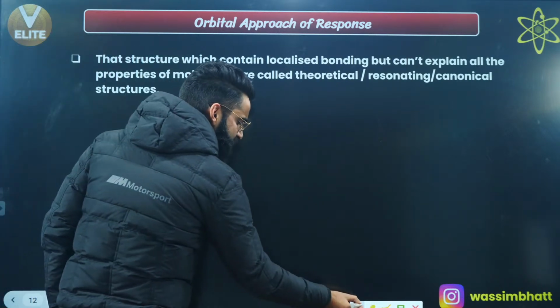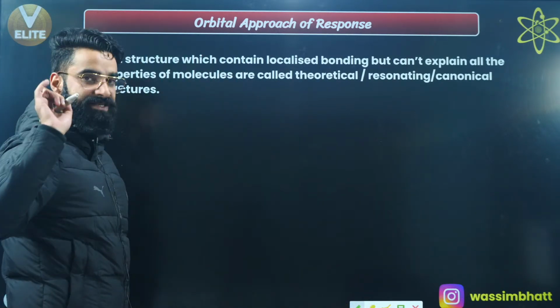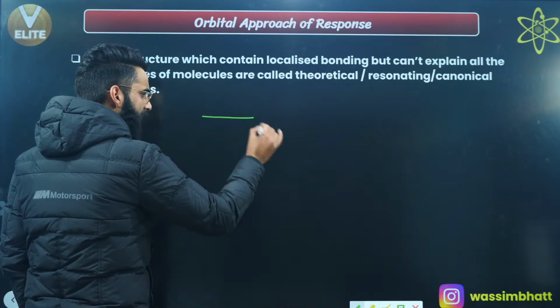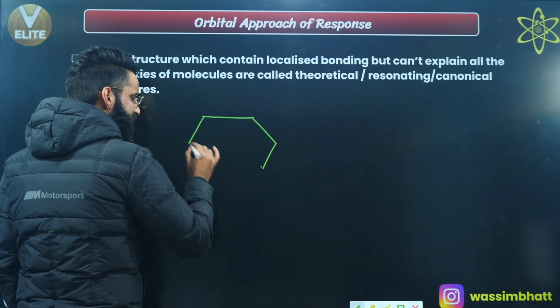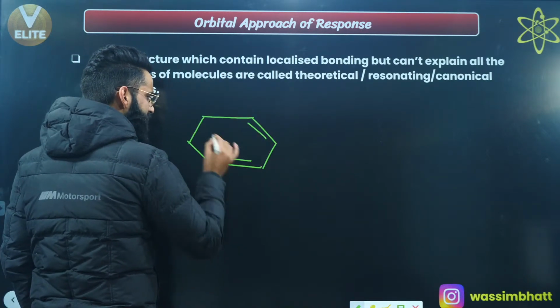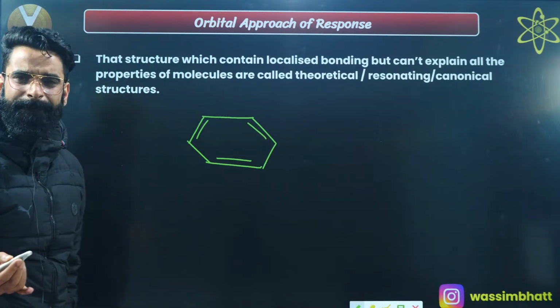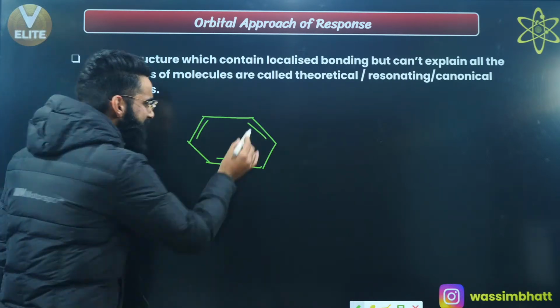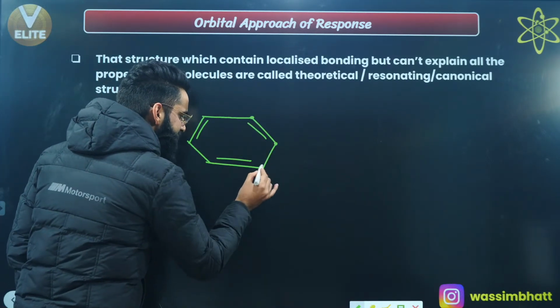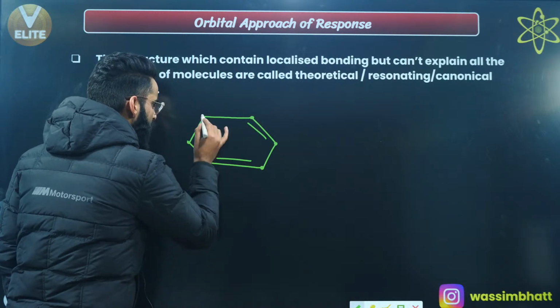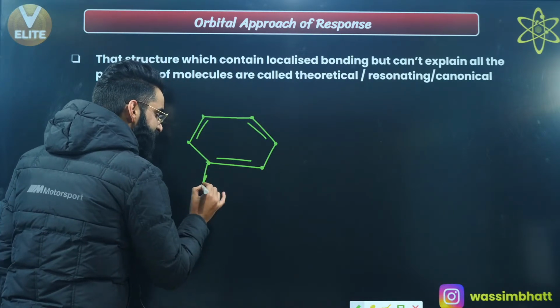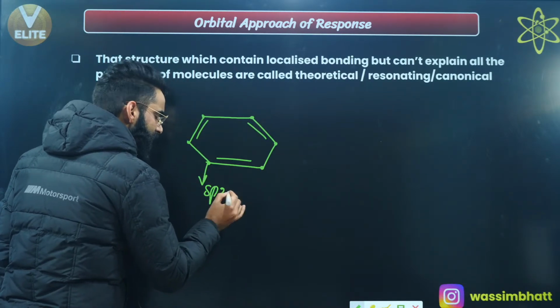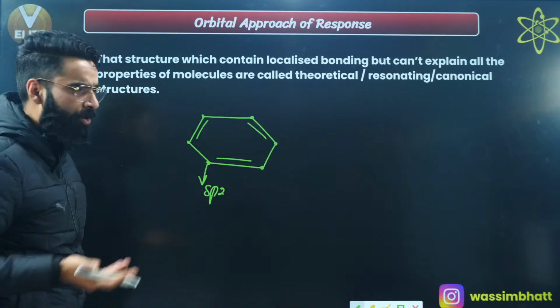If you look at the structure of benzene, which you guys know, every carbon atom in the ring, it's a six-membered ring, is sp2 hybridized.